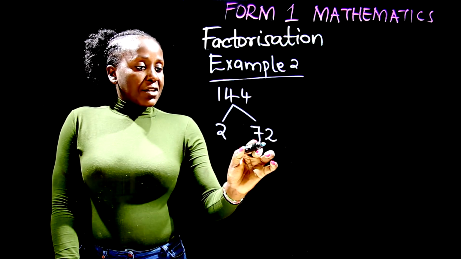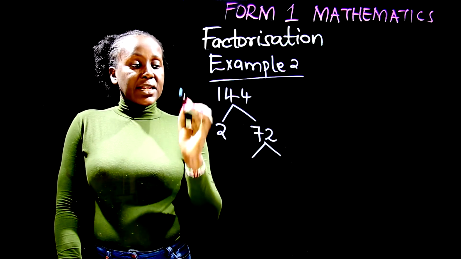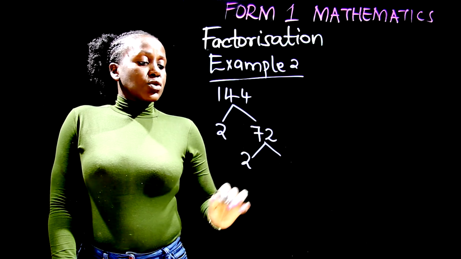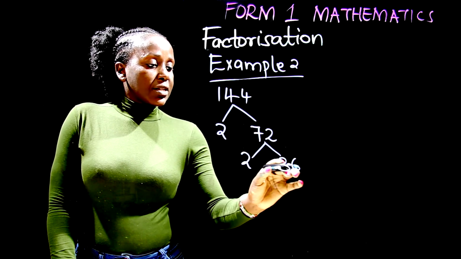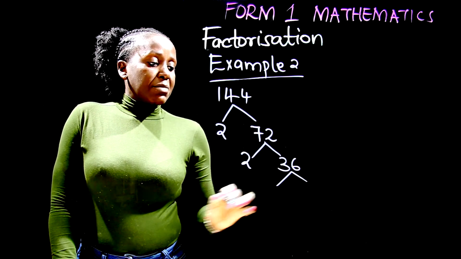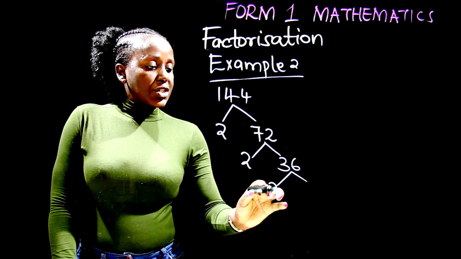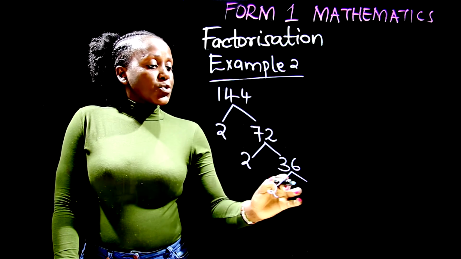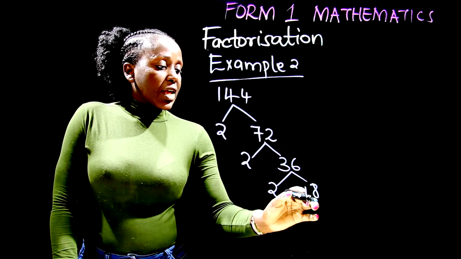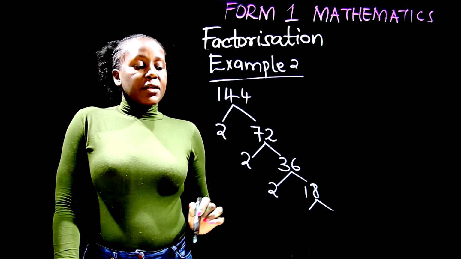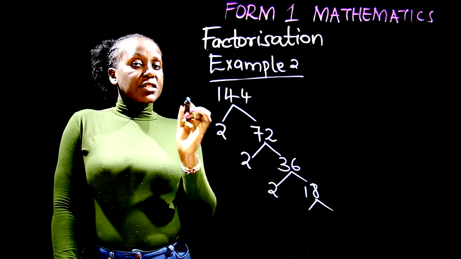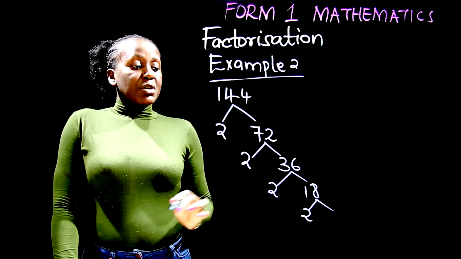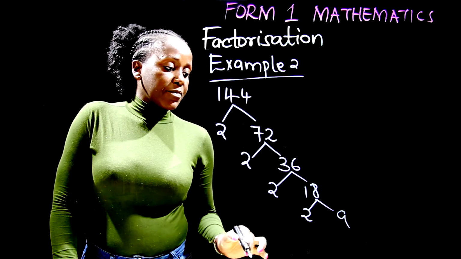Then we divide 72 by the least prime number, which is 2. This will be equal to 36. Again, we divide by the least prime number, which is 2. 36 divided by 2 will be equal to 18. Again, we divide 18 by the least prime number, which is 2, and this will be equal to 9.